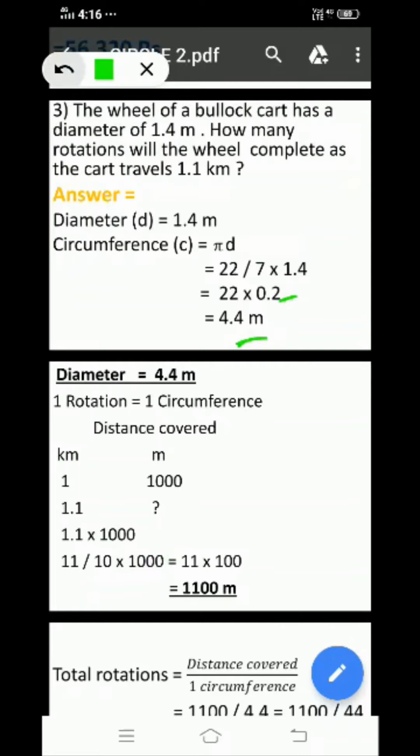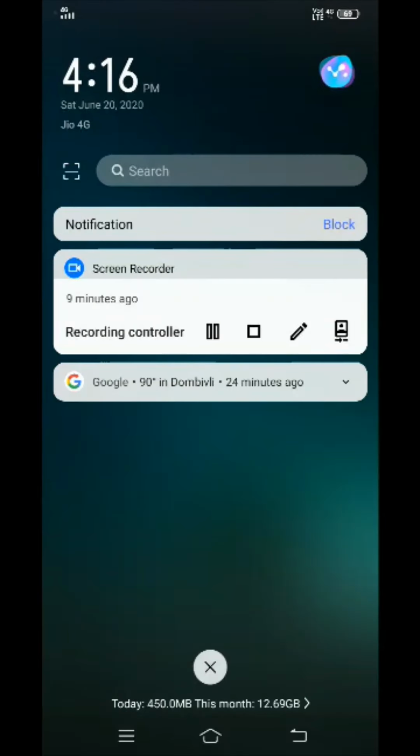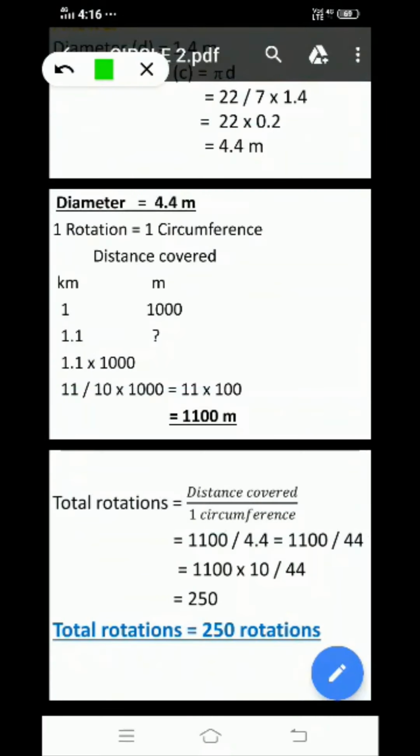Now next, you have to find out the total rotation, means distance covered divided by one circumference. How much distance covered? 1100. And how much circumference? 4.4.